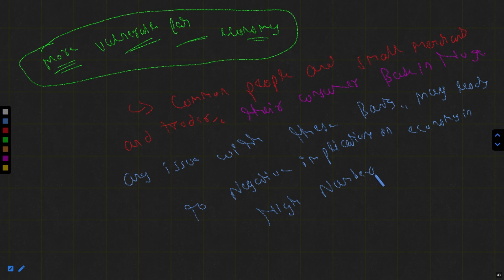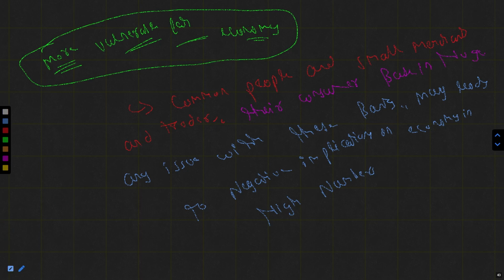Okay, I hope you are understanding what I'm trying to say. That's why the Reserve Bank of India pays special attention to these kinds of banks.